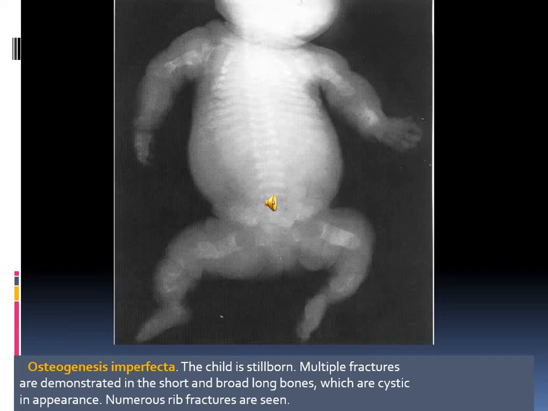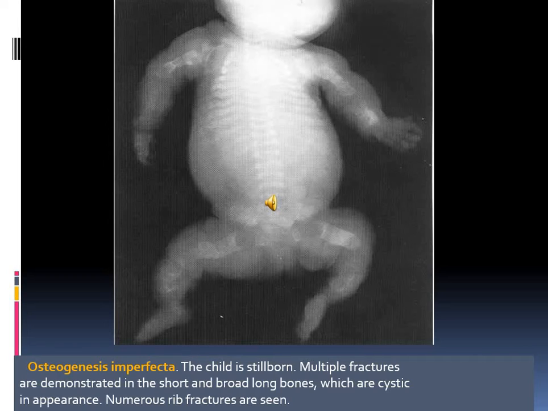This plain X-ray is taken for the whole body of a neonate, which is in fact a stillborn neonate. What we can see in this image is a generalized decrease in bone density, with abnormality mainly seen in the upper limbs and lower limbs, also in the form of multiple fractures different in size and in areas which appear to be cystic in nature, and even the ribs to some extent are involved.